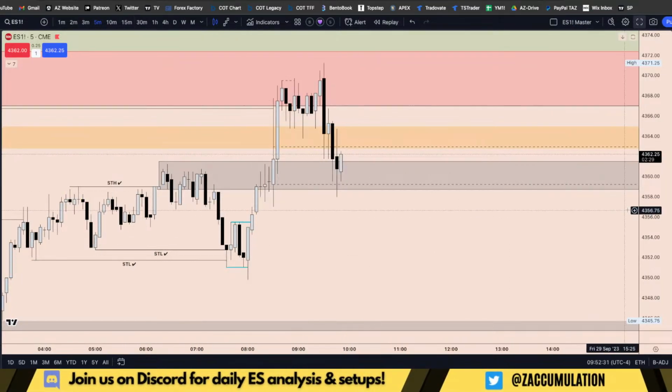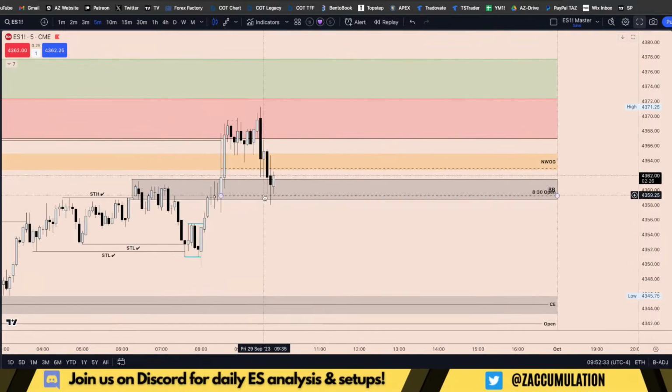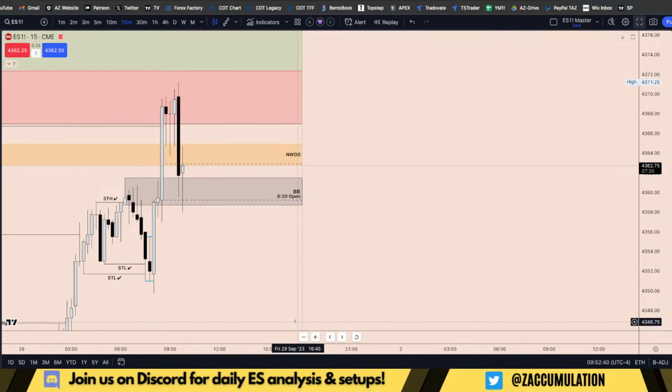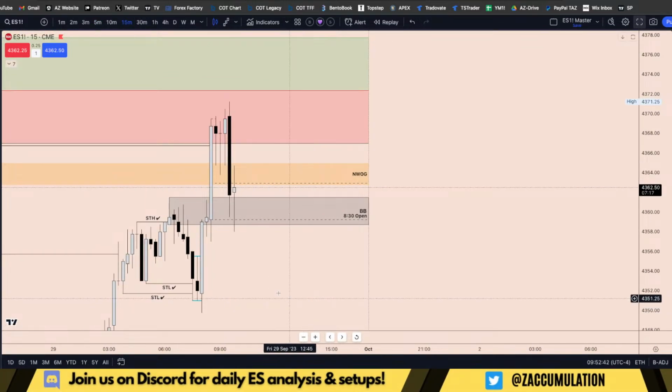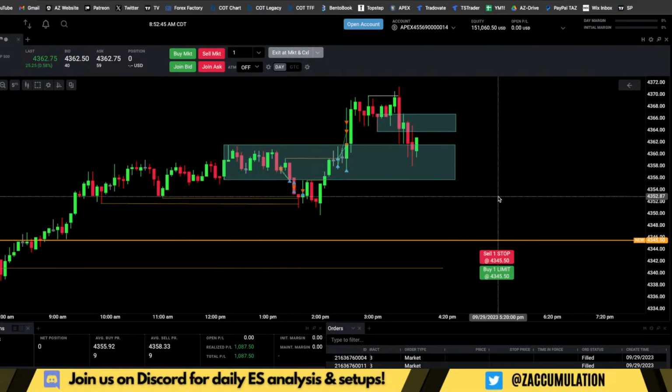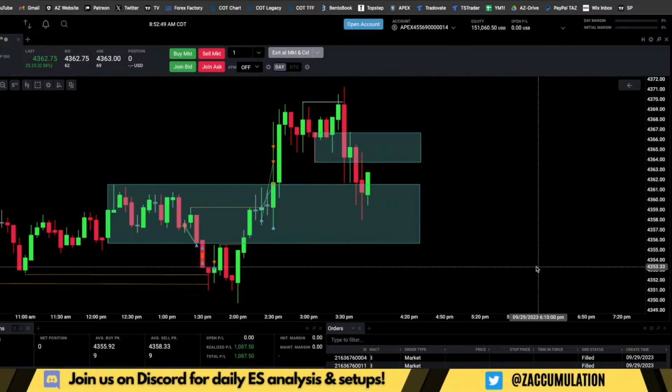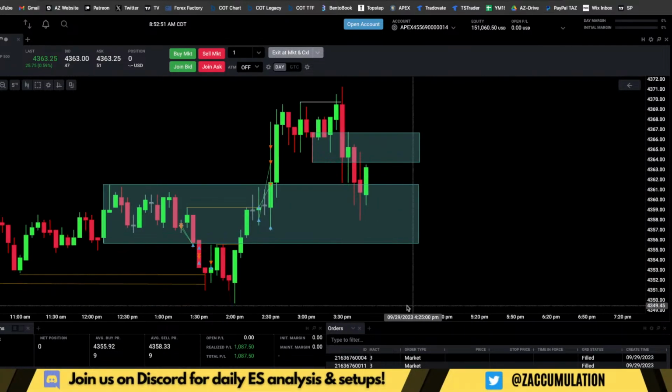Let me head over to TradingView. We still hold that breaker block. We kept on holding the 830 level. We are back below the new week opening gap. Let's check the 15. The 15-minute candle is going to close in 7 minutes, so we will just watch it until then. Let me zoom in here. Yeah, that should be fine.